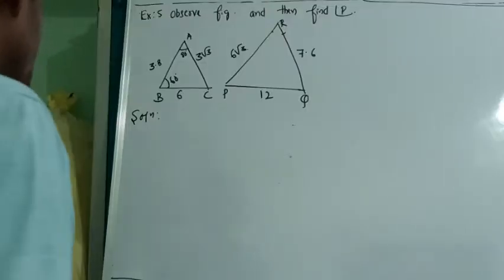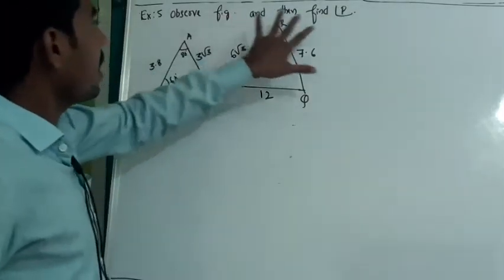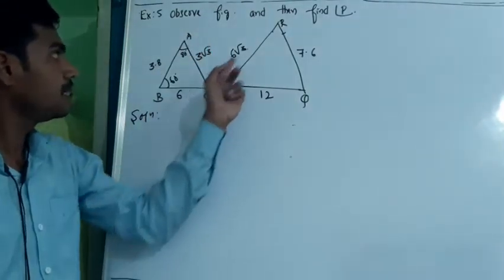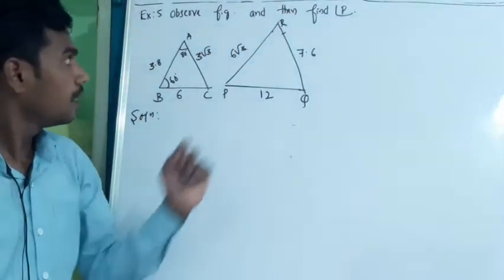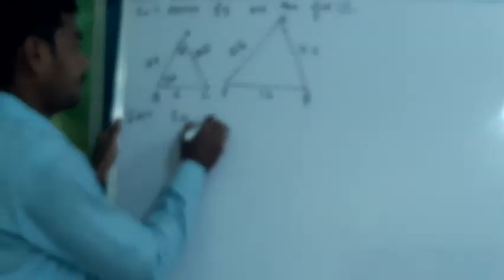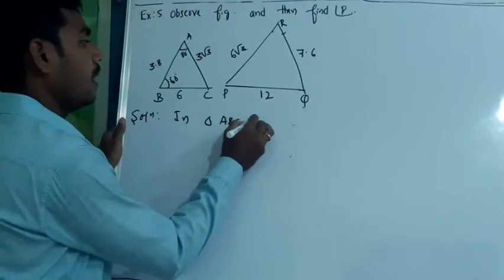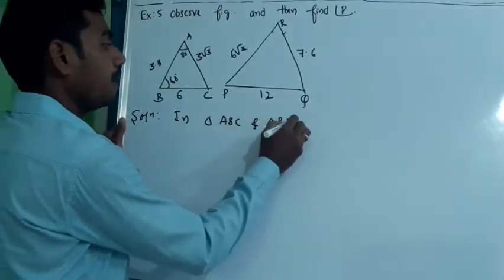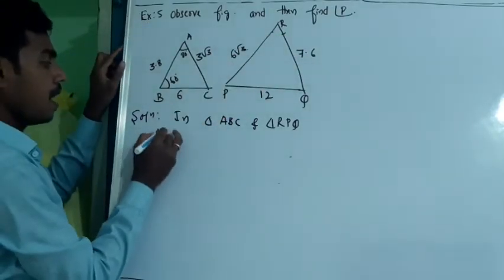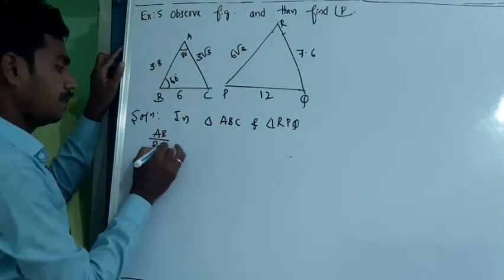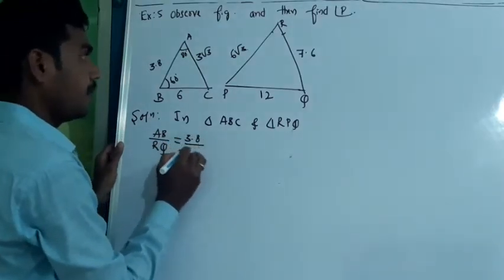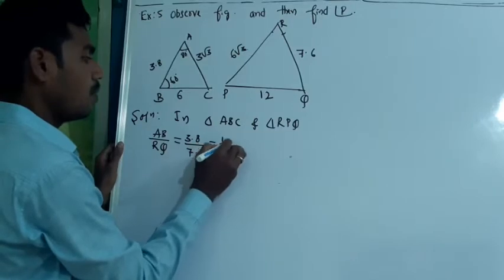Fifth example. Observe the figure and then find angle P. See, two triangles are given, triangle ABC and triangle RPQ. Now in triangle ABC and triangle RPQ, AB by RQ, we'll check, 3.8 divided by 7.6, which is equal to 1 by 2.